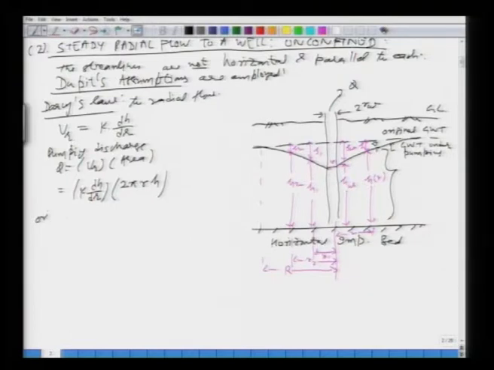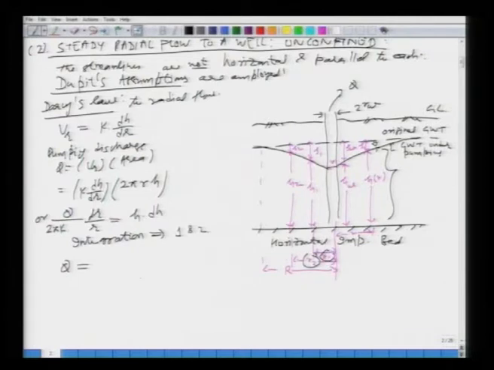Once we understand that, the remaining thing is simple mathematics. You separate the variables like we had done earlier, then you will have dr over r on the left hand side, and on the right hand side you will have h dh. If you integrate on both the sides, integration will give you the equation of Q. Integration we are doing between locations 1 and 2, which correspond to r1 and r2.